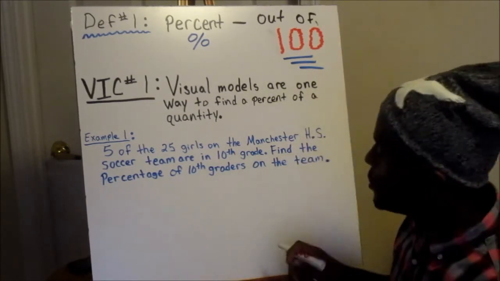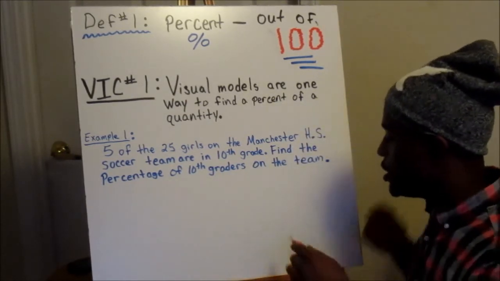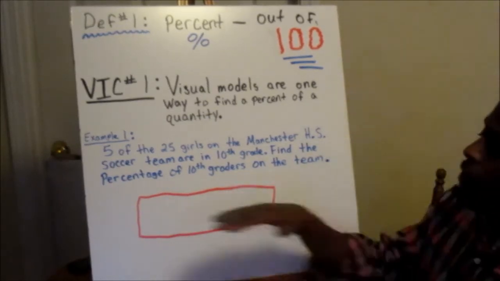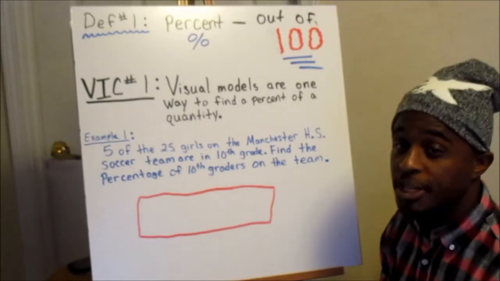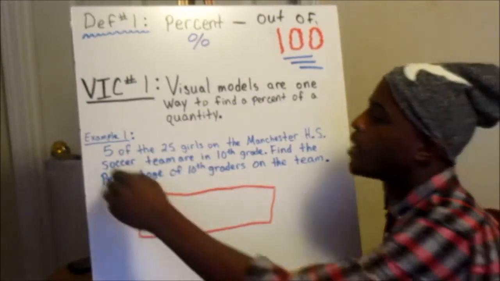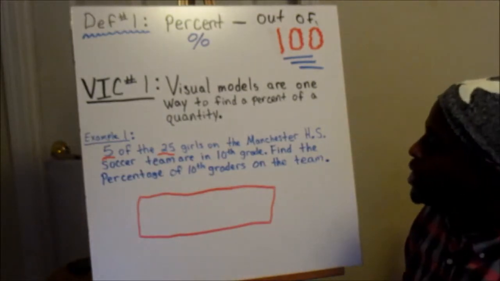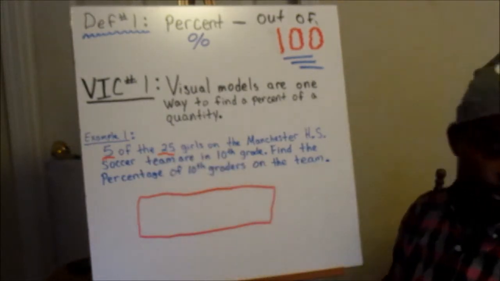Alright, so the first thing I can do is draw a full bar model to represent 100%. And if I look at my problem, the total 100% would be 25 girls.